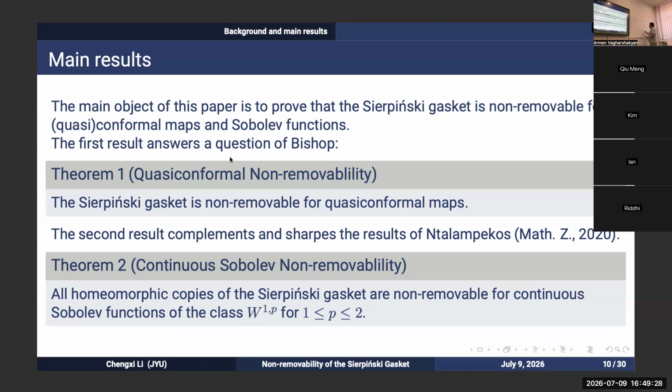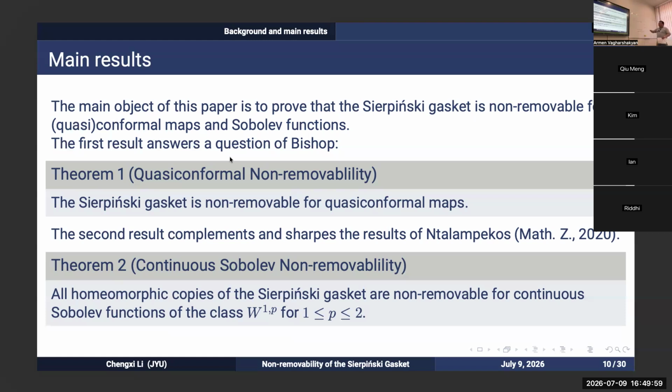Sounds similar, right? And here, the Sierpinski gasket carpet not only contains the classical Sierpinski carpets, because for the Sierpinski gasket we remove the equilateral triangles in each step, but here we just remove squares, and it also contains all homeomorphic copies of the S3.